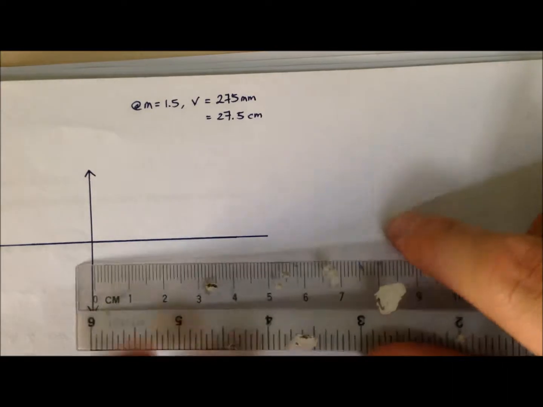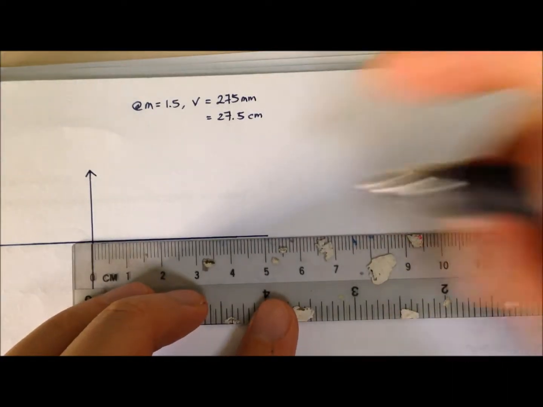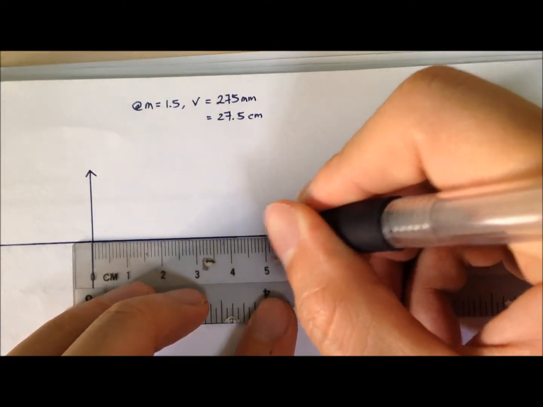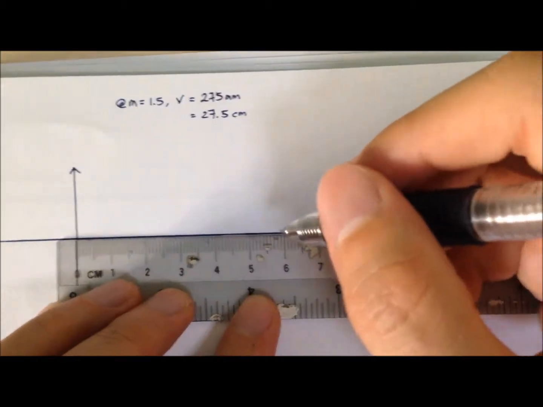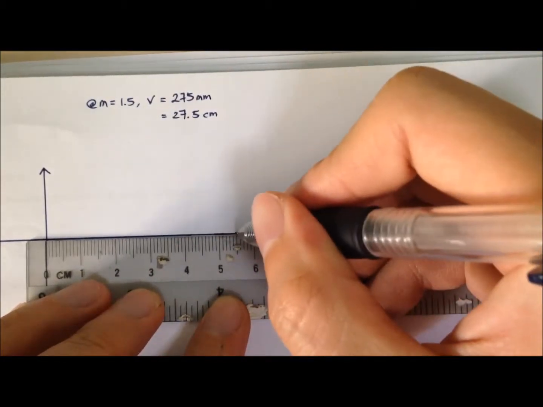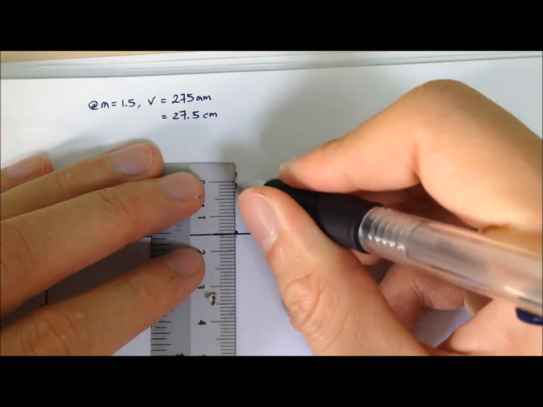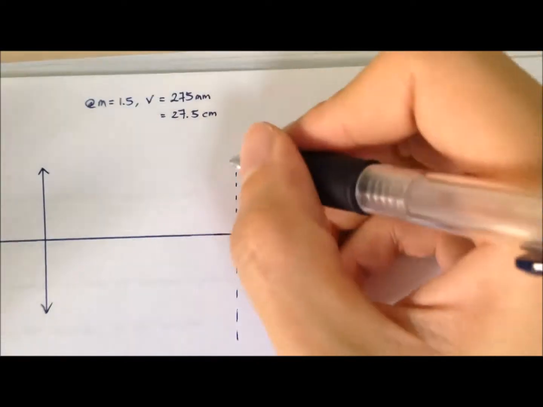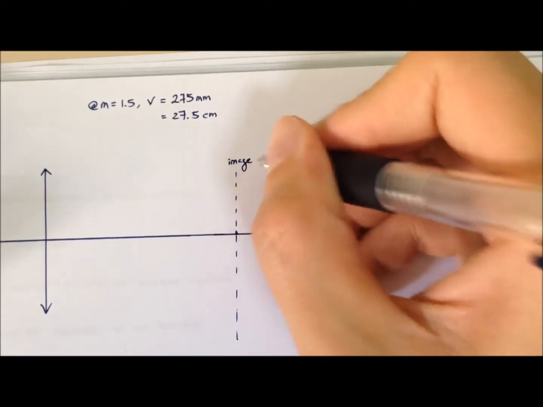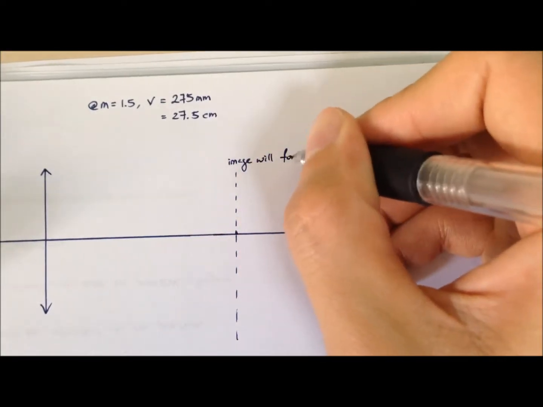So it's a scale diagram. So 5.5 cm. Oh, okay, pretty far. 5.5 will be somewhere here. So I know at this line, this is where my image will form.